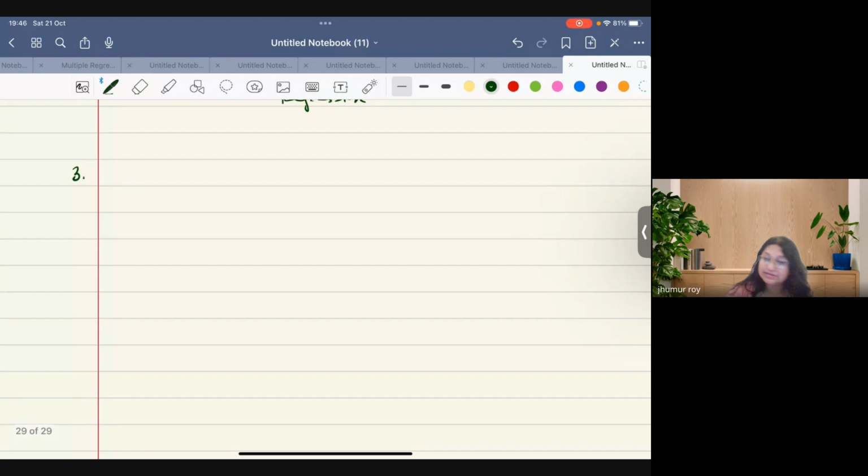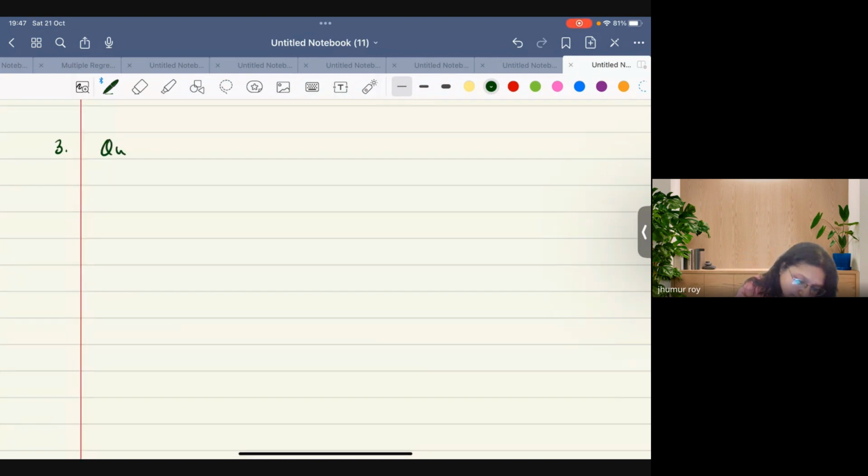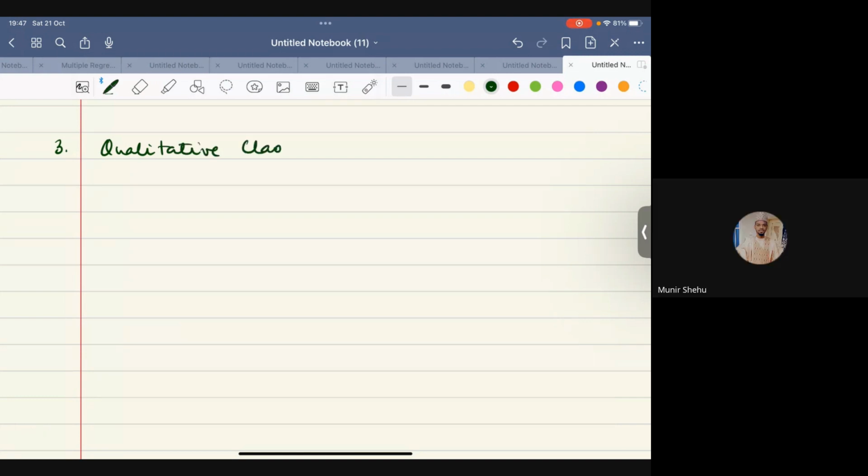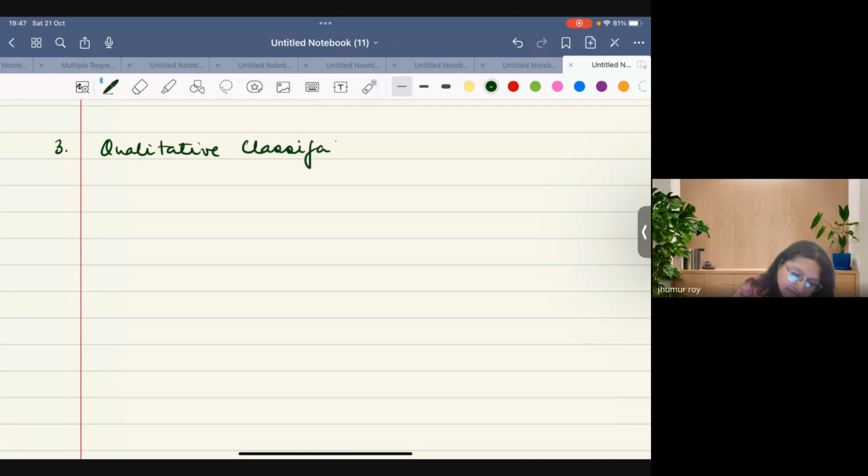Third one. Now this is very, very important. And from here it becomes a little different. So we talk about qualitative classification. Now, any table that you take, see, when we make a questionnaire, the initial part of the questionnaire gives you questions like what is your age, okay?